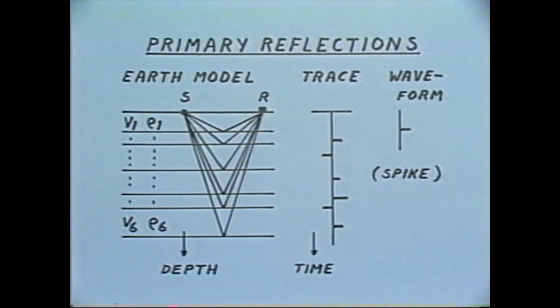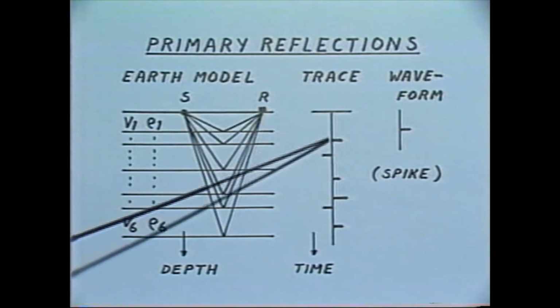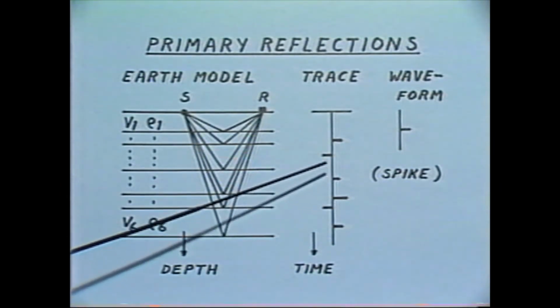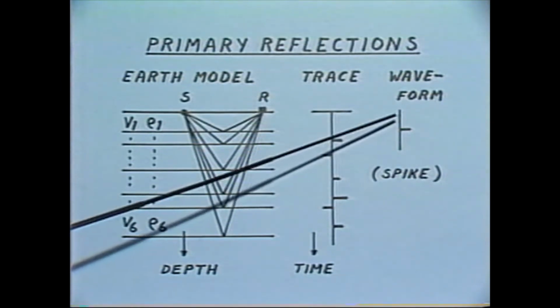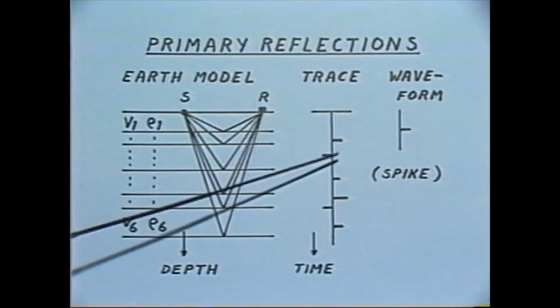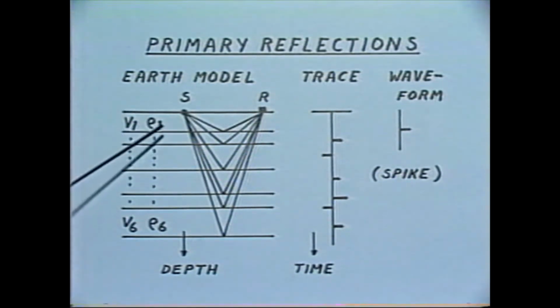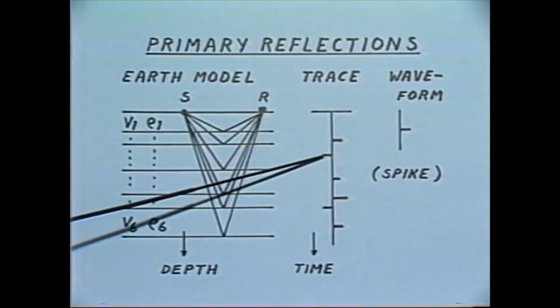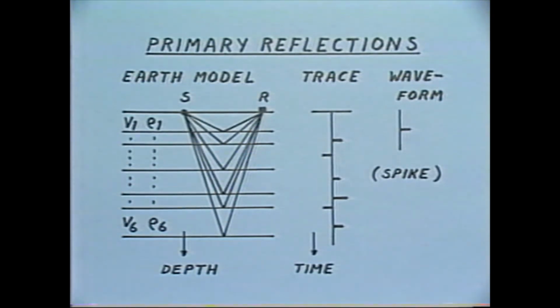So in this very simple situation then, our trace would show only the primary reflections, each of them being just a reflection of the waveform, which is a spike, and the amplitude of that spike would be proportional to the reflection coefficients at each interface. Where the reflection coefficient was negative, indicating a reversal in polarity of the seismic waveform, then we would see the reflection as a spike going in the opposite direction to the positive reflection coefficients.